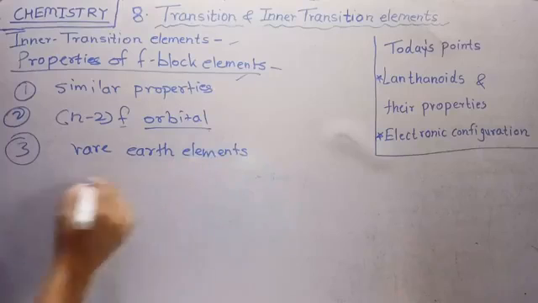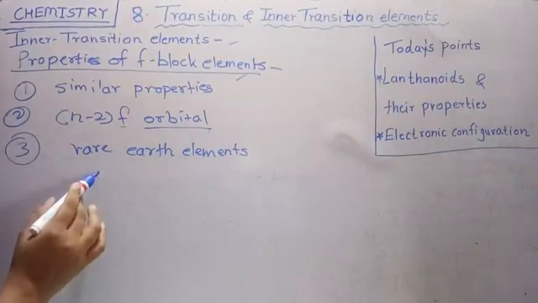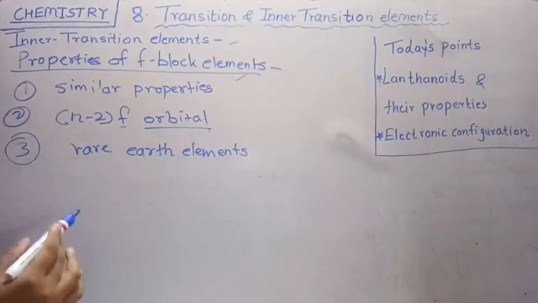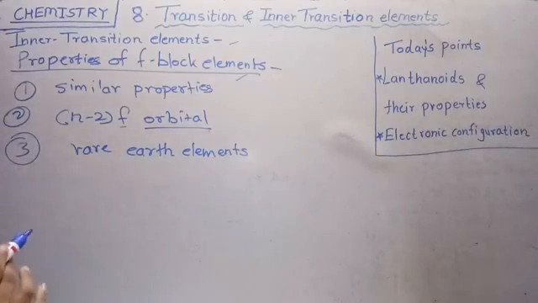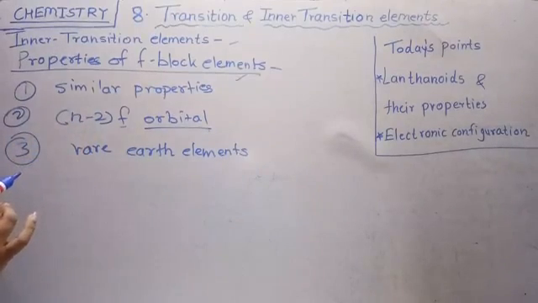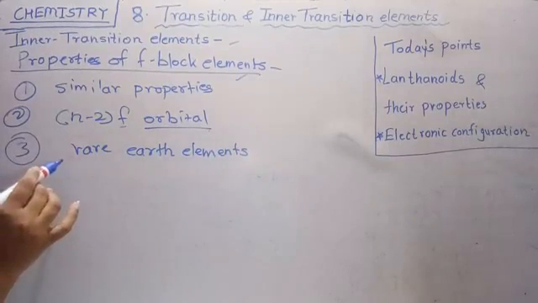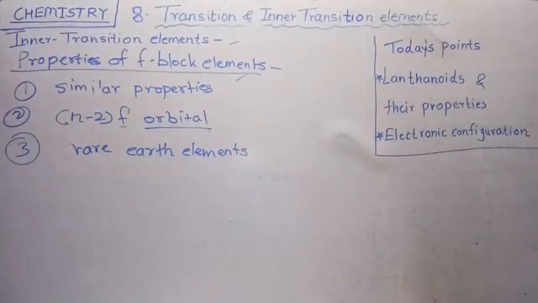Why are they called rare earth metals? Because at that time there was difficulty in extracting them economically from others. According to history, it was very difficult to extract these inner transition elements from others, because lanthanoids show similar chemical properties.